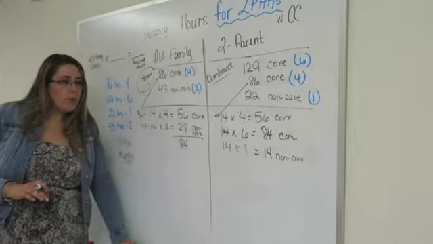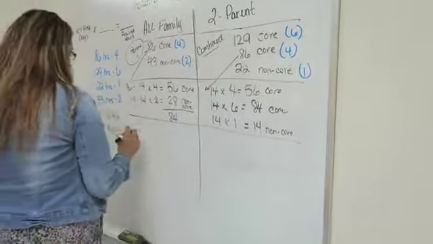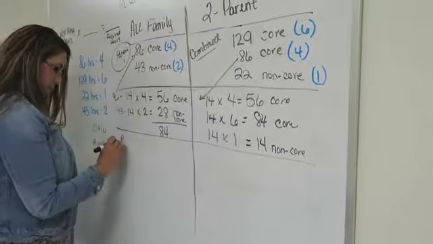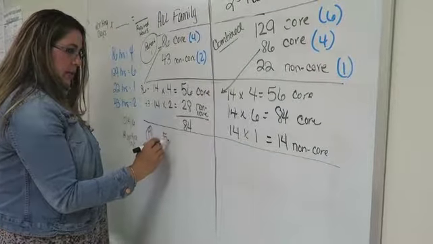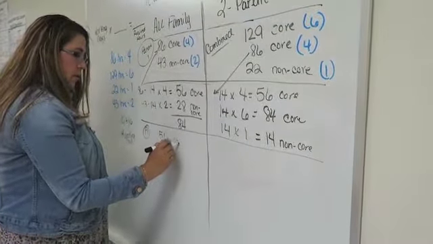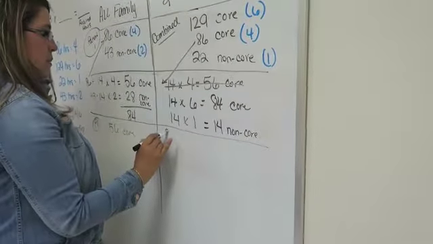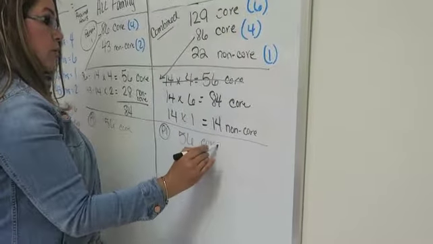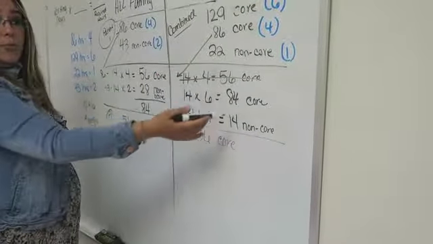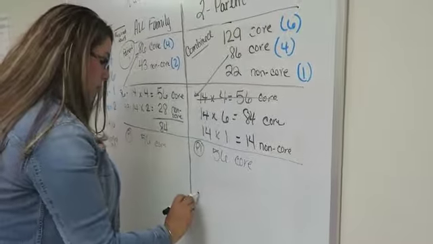So let's really look at this right here. We know parent 1 is going to be completing these 56 hours in a core. So we know parent 2 needs to be completing 84 hours in a core, right?